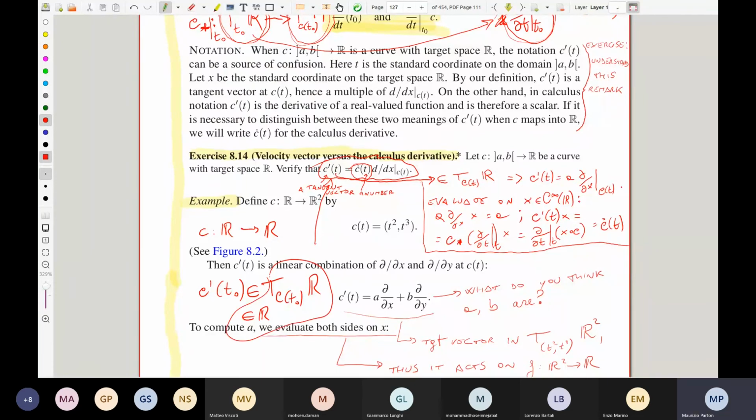It's just that this number is the coefficient of this tangent vector with respect to the standard basis. That means this is just the derivative times the partial derivative operation in the direction of t. Okay, to avoid confusion, this number is denoted by C point, T0. With the other symbol, we always mean the tangent vector.